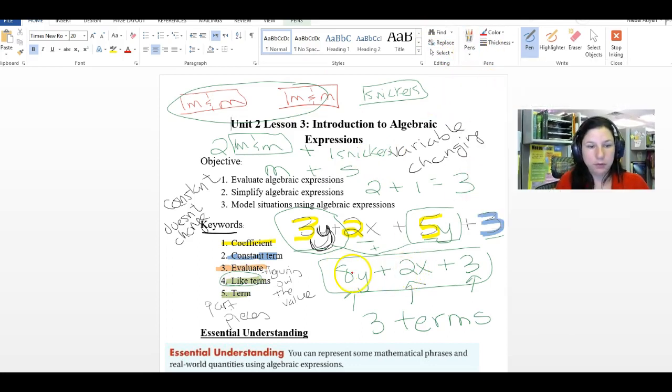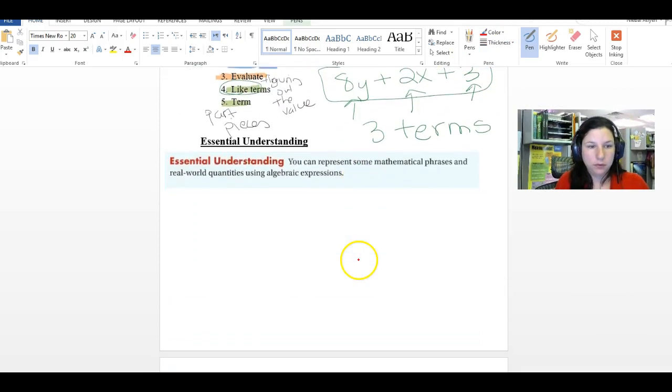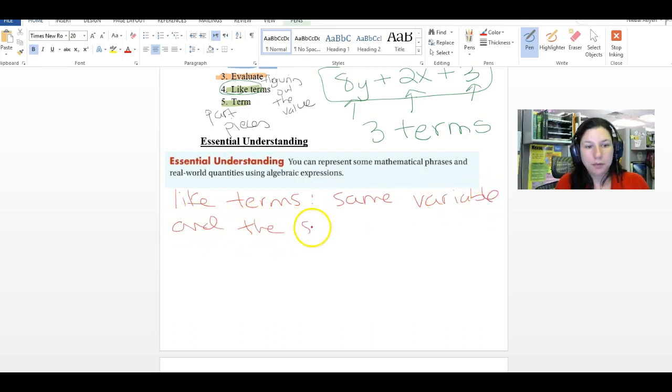So like terms need to have the same variable and the same exponent. So we had 3y and 5y. They have the same variable. They're both y's. And they have the same exponent. These are both y's to the 1.